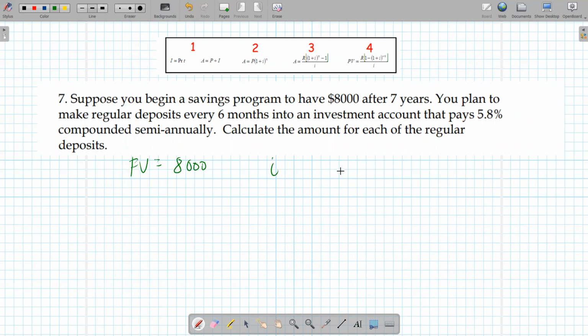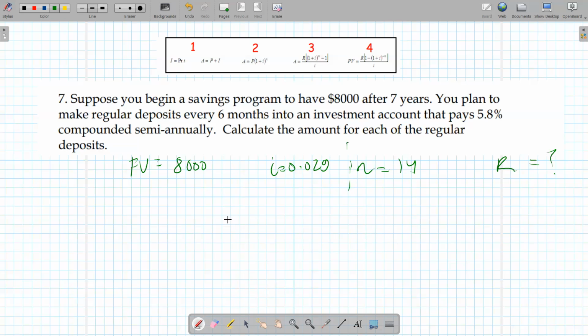What is I and R? I is 0.29. Okay, what did you do wrong? It's not 0.29. 0.029? Yeah, that's going to make a big difference. What about N? 14. Yeah. And R is missing.